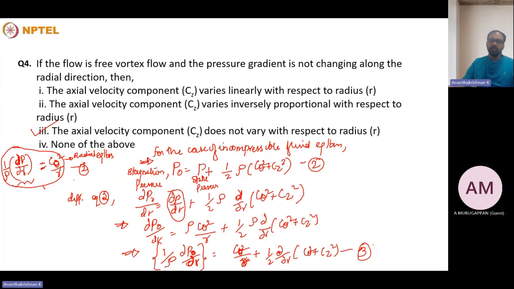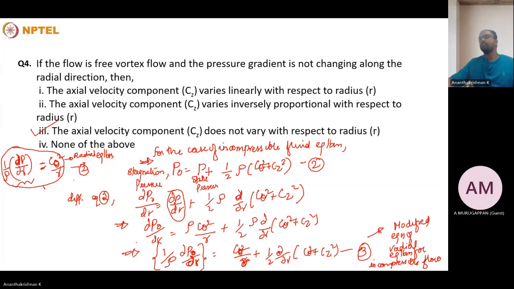So this will be the modified equation of radial equilibrium for incompressible flow. Now, using this modified equation, we can determine whether the axial velocity component varies or does not vary with respect to the radius r.